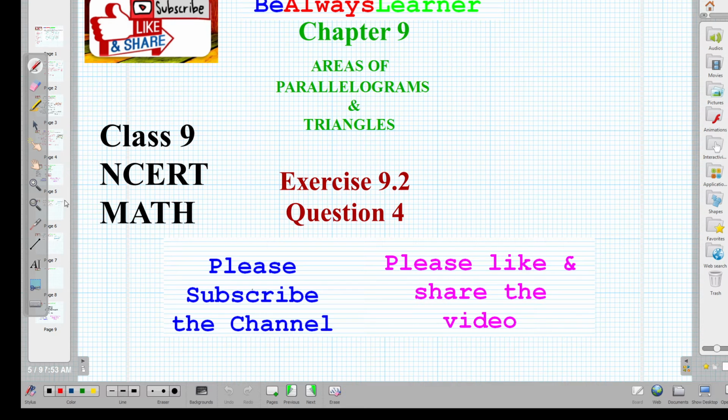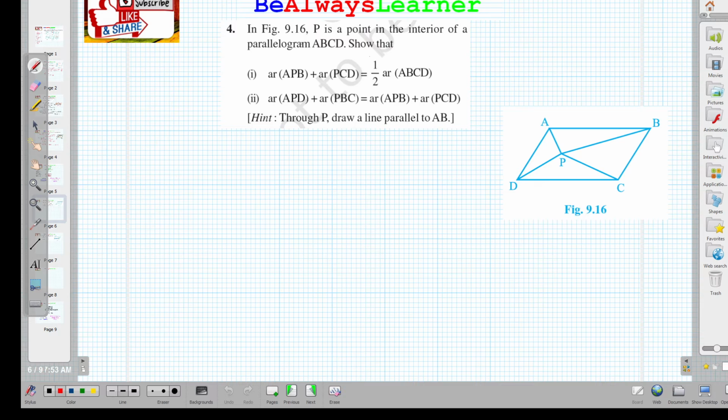इस वीडियो में हम एक्सरसाइज 9.2 क्वेश्चन नंबर 4 कवर कर रहे हैं। द क्वेश्चन इज इन द फिगर 9.16, P is a point in the interior of a parallelogram ABCD. So this is the parallelogram given to us. So that first point, the area of APB, this triangle, plus area of PDC, this triangle, is equal to half of the area of the entire quadrilateral.